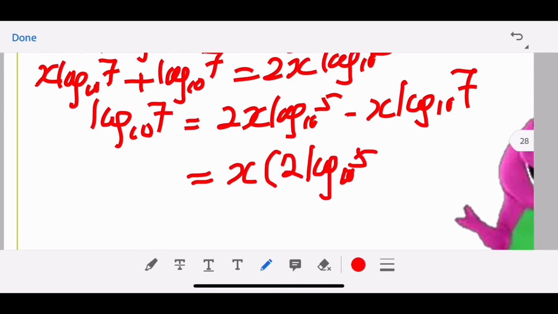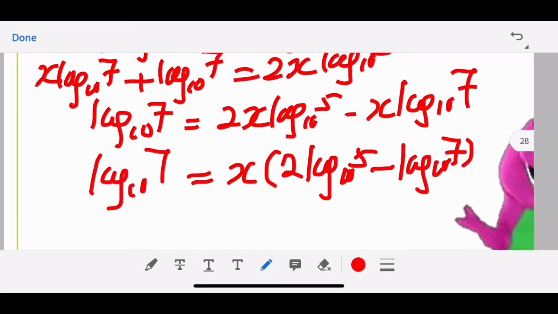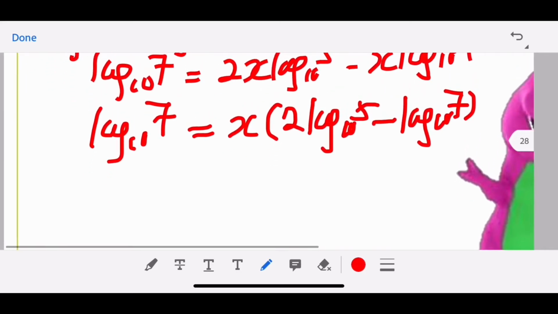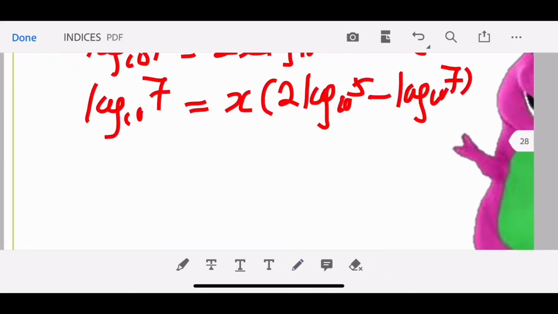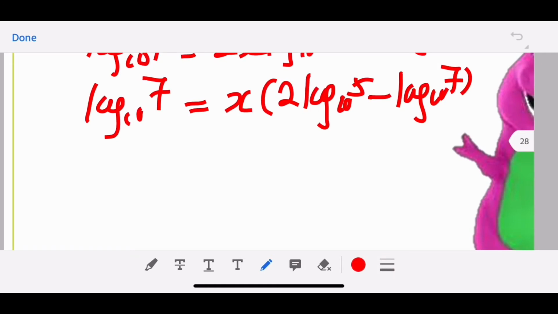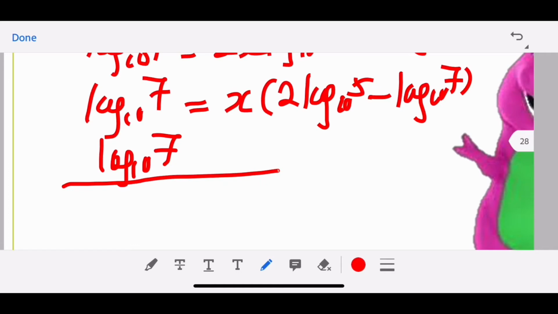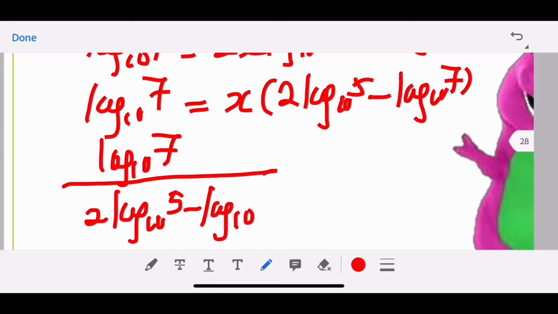When you factorize, that means you will take out the x, and the balance is what you divide by. So it's 2 log 10 5 minus log 10 7. Finally, you have to divide. So x is equal to log 10 7 divided by (2 log 10 5 minus log 10 7). Make sure you put brackets when you press into the calculator.